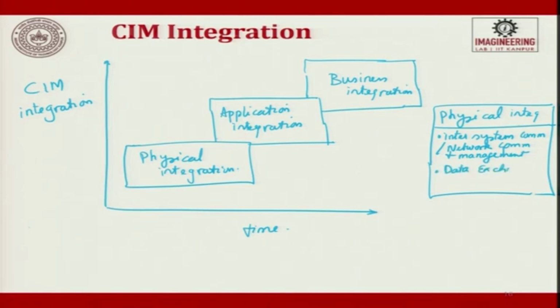Today we have a lot of neutral files, and those all started with data exchange. Rules were framed during this time, and then physical system integration happened. This is interconnection, physical system interconnection.